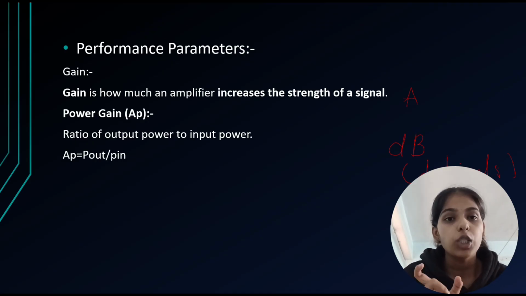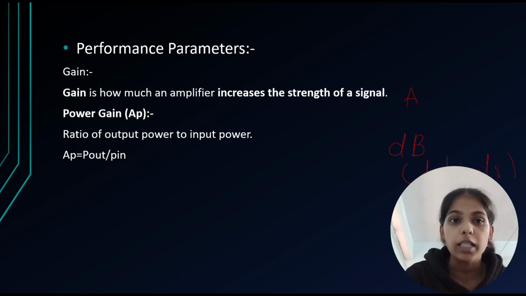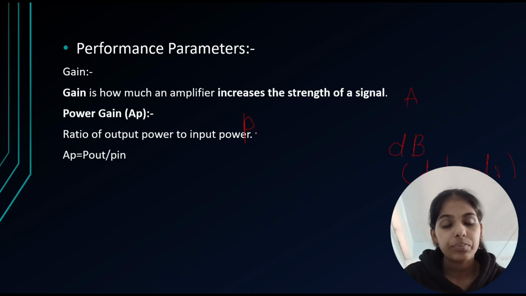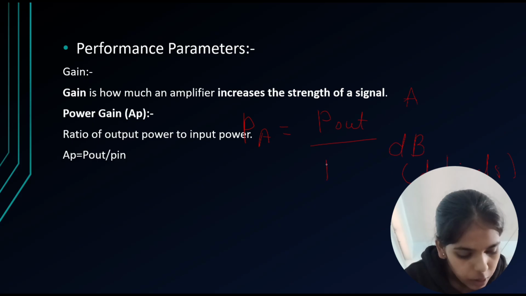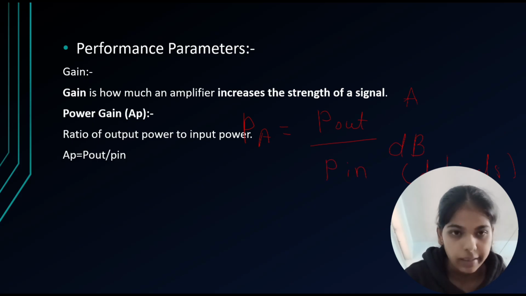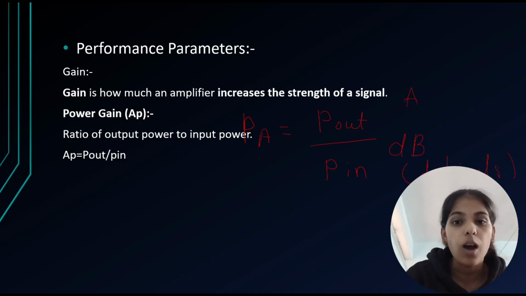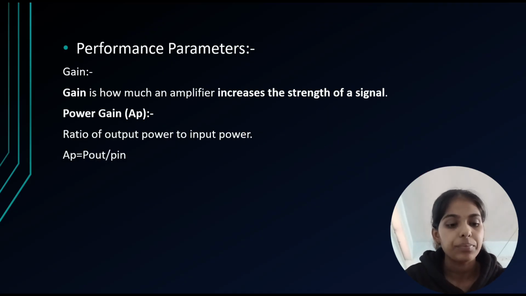Power gain is used in a power amplifier, and it is defined as the ratio of output power signal to the input power signal. So it has its own formula: power gain is equal to P out by P in. This is the formula of gain.